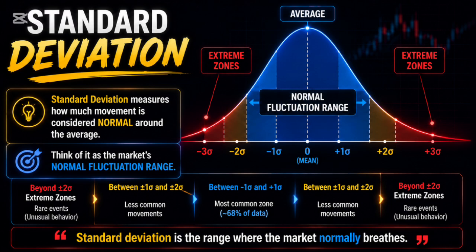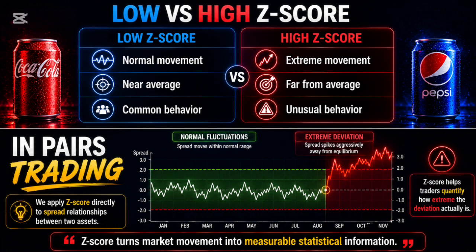It measures how far the spread has moved around its normal average. Think of it as the market's normal fluctuation range. So a low Z-score means that the spread is still behaving relatively normally.